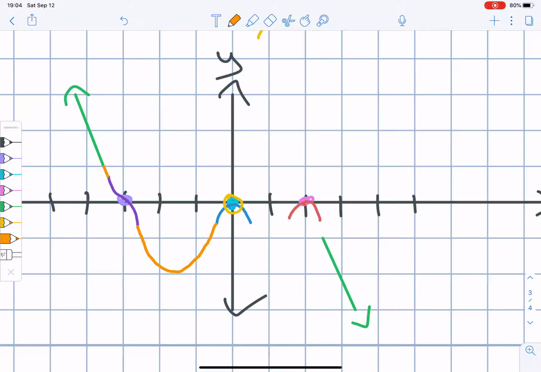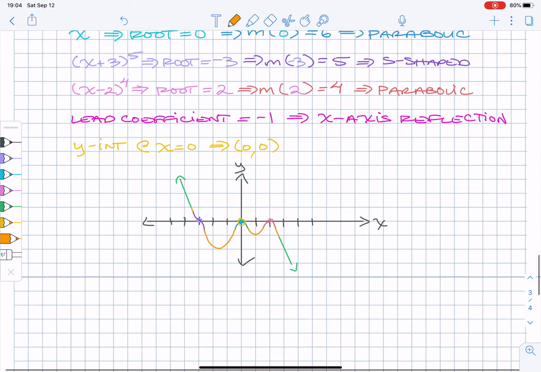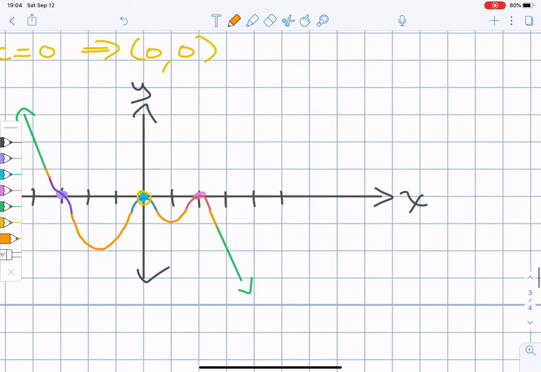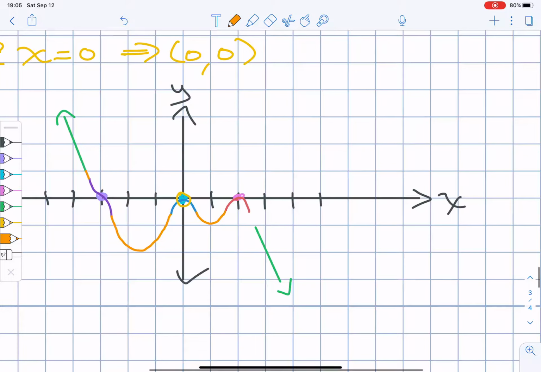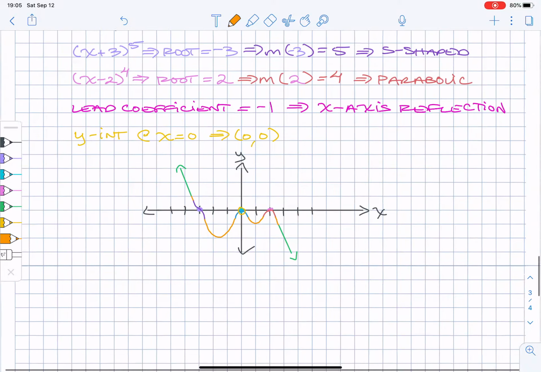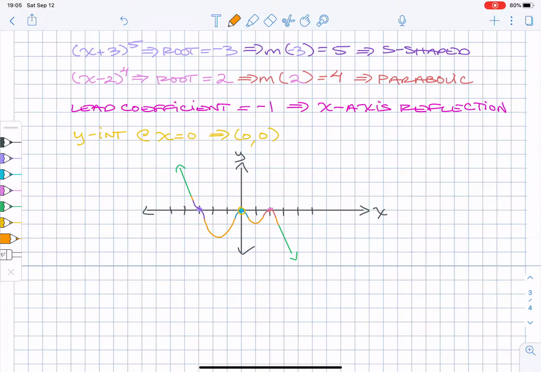I'll keep with my terrible drawings. Okay, so here we are. And then finally, let's move this a bit. There we go. So let's see how that looks from far away. Almost okay, tolerable. But hopefully you get the idea. Okay, so this is the graph of f of x.